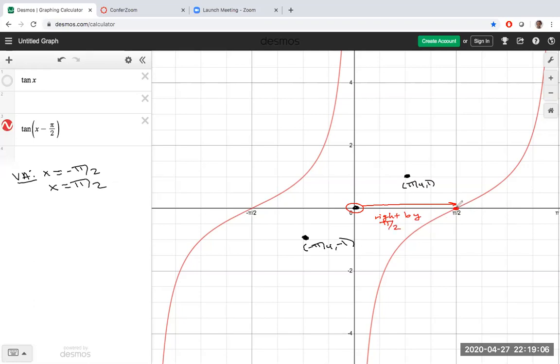So that point 0, 0 is now located at pi over 2, 0. That point pi over 4, 1.